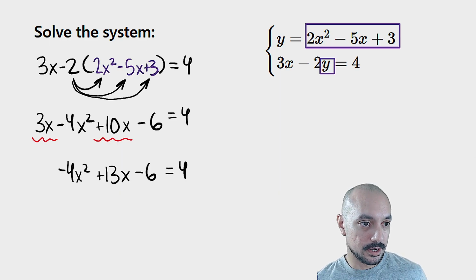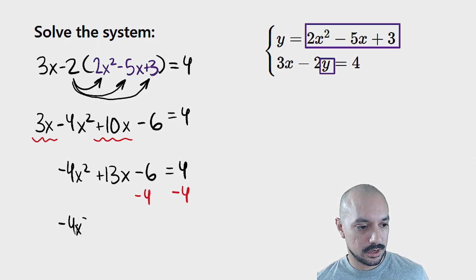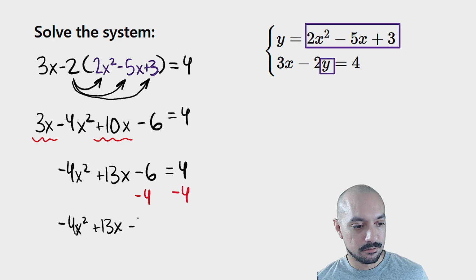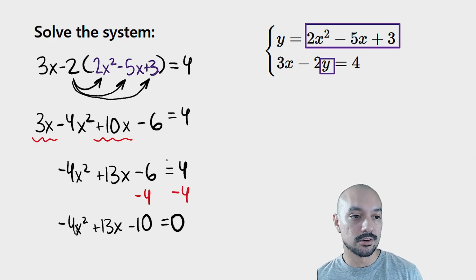And then my very last step is I want to zero out this quadratic. So I'm going to subtract 4 from both sides. End up with -4x squared plus 13x minus 10 is all equal to 0. And now we're all set to go ahead and start factoring.